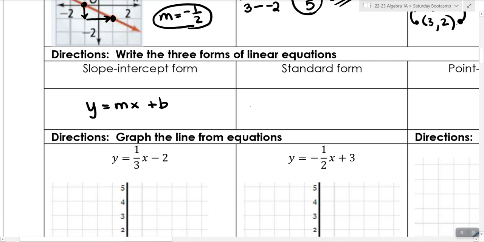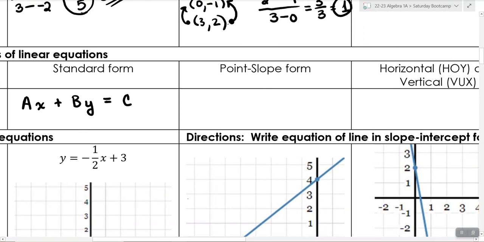Standard form, which is good for solving systems: capital A, lowercase x, plus capital B, lowercase y, equals C, a constant. Oops, sorry, my bad. This is general. Basically, put all the terms with your variables on the left and all the constants on the right.